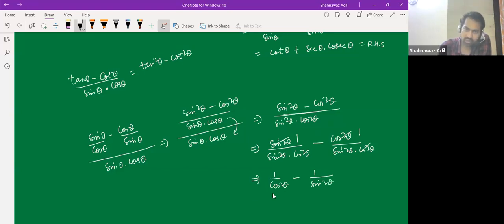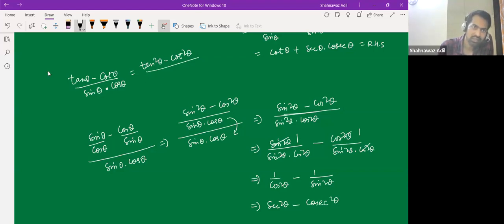So 1 by cos square theta is what? Sec square theta. Absolutely right. And 1 by sine square theta? Cosec square theta, right? So good. Absolutely correct. Now we have to reach here, right?